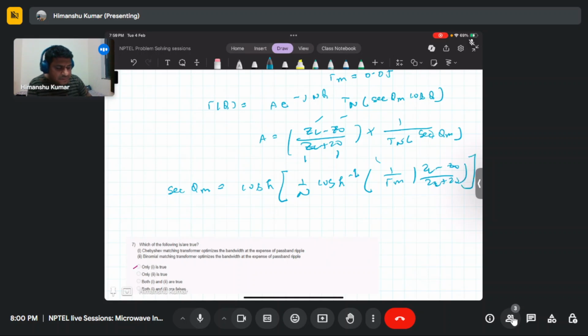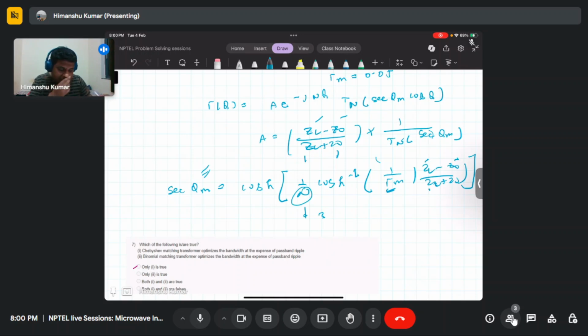So with this you can calculate theta m. Gamma m, ZL and Z naught you know, and cos hyperbolic you can calculate numerically. N is given as 3, so all the values are given.